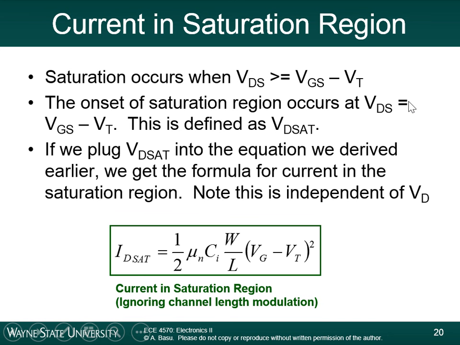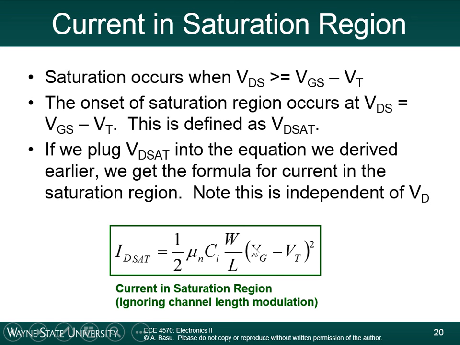Saturation occurs when the drain to source voltage is greater than or equal to VGS minus VT. This is when the channel starts to pinch off. Again, we will derive the threshold voltage a little bit later. The onset of saturation occurs at VDS equal to VGS minus VT. This is defined as VD sat.